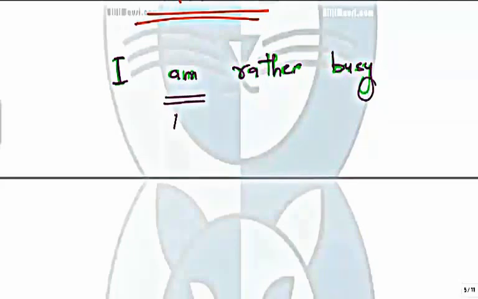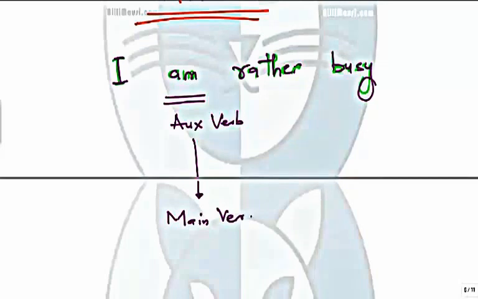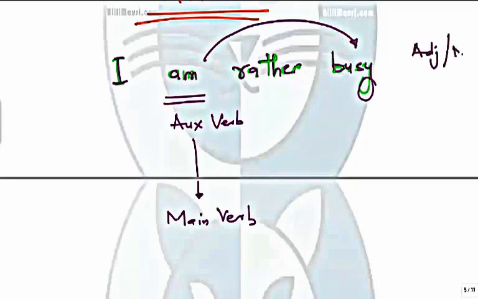Whenever an auxiliary verb behaves as a main verb, the word followed by the main verb, now main verb, is either an adjective or a noun.